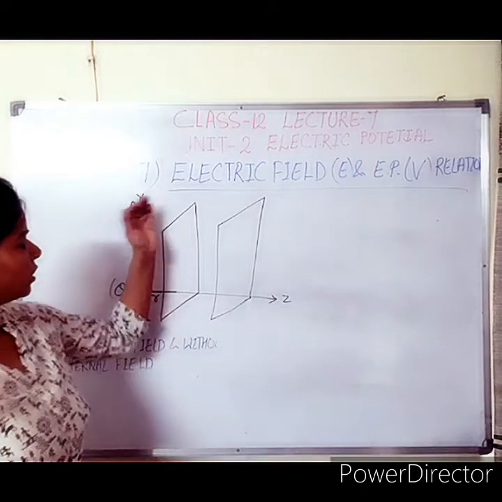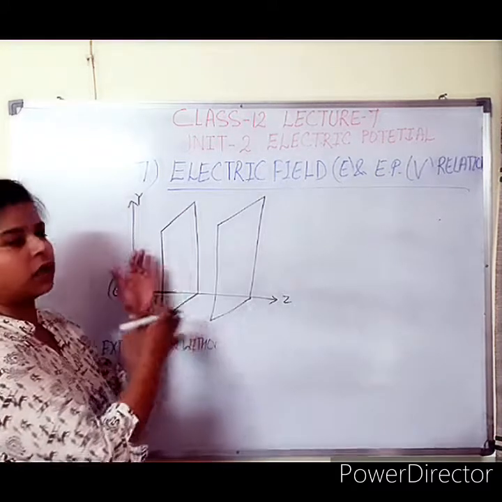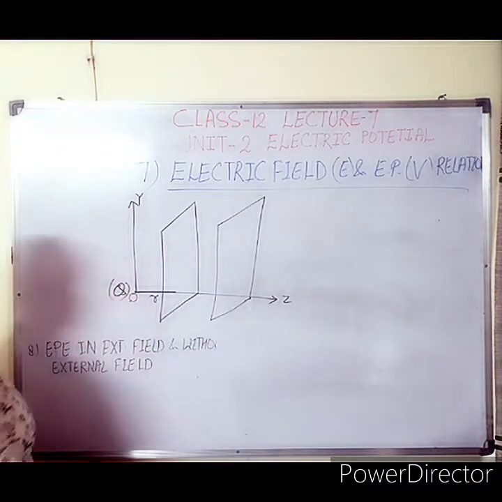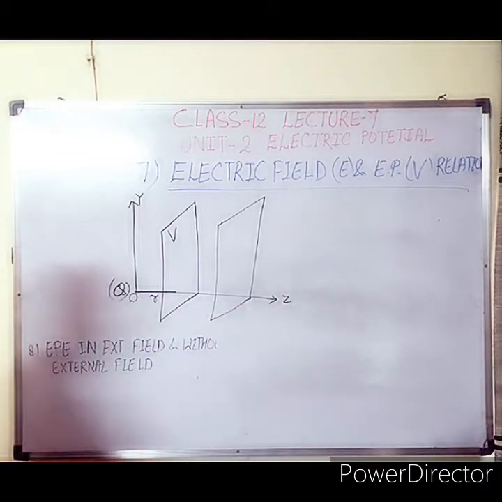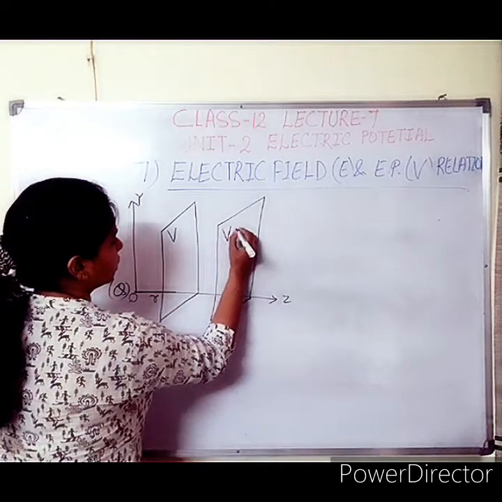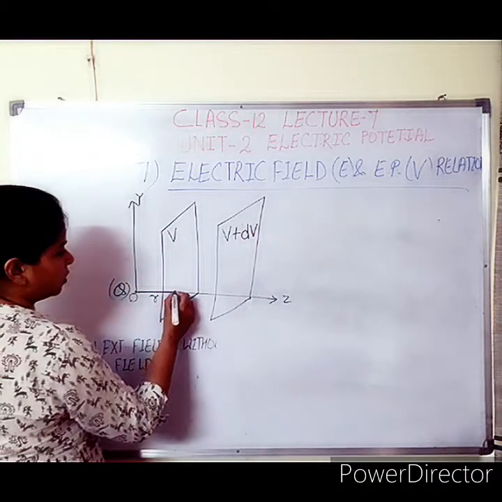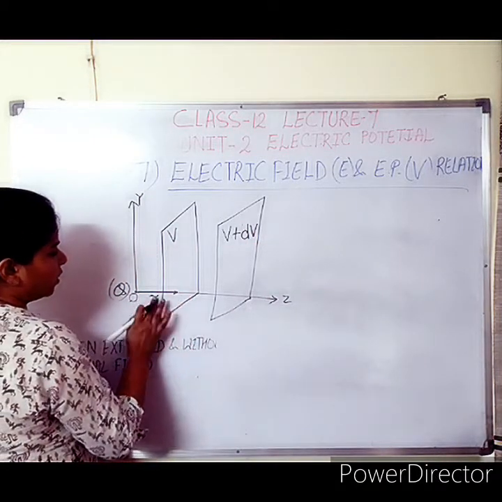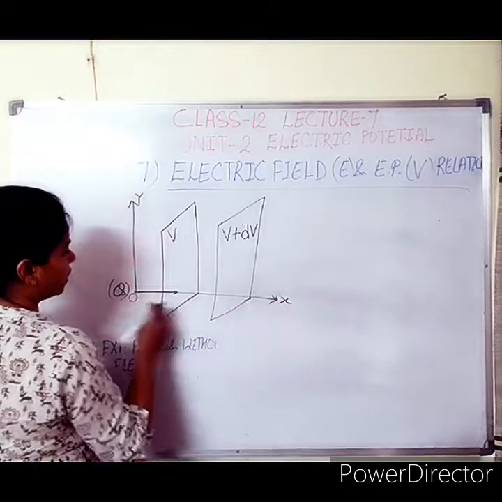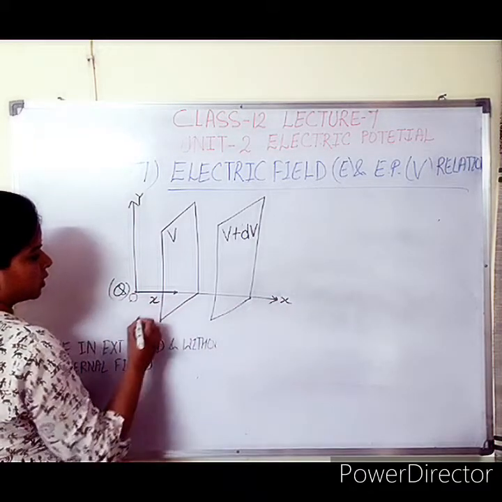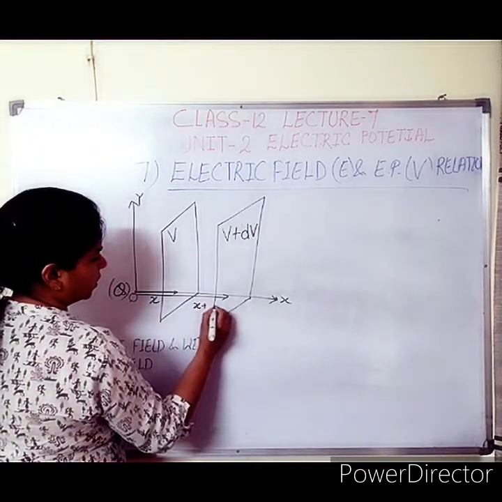Here you will not say that it should be spherical, because to solve this derivation, this relation, we can consider plane equipotential surfaces. So we have taken the case. This is surface 1, so we have written the potential as V here, and this one is surface 2. We are taking the potential of this surface as V plus dV, and because we are taking the position over the x-axis, we can write the position of the first surface as x and the position of the second surface as x plus dx.